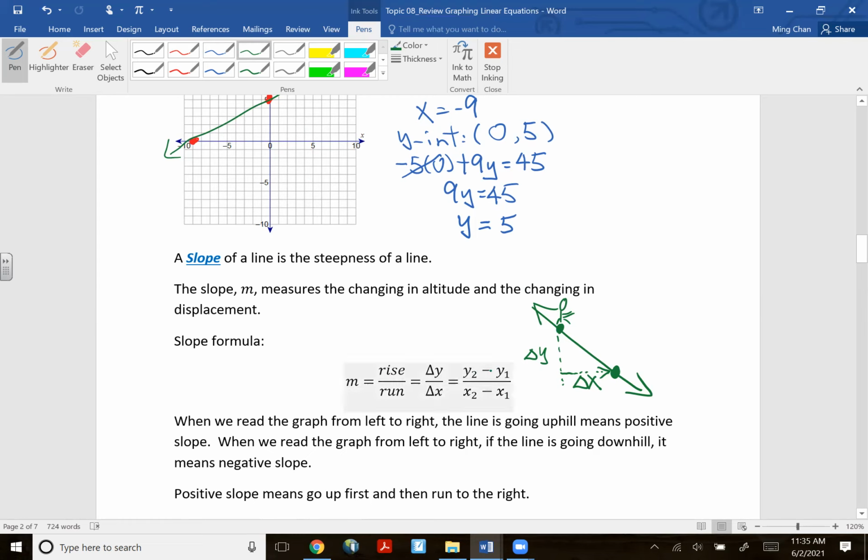So the formula y2 minus y1 simply means I'm going to subtract the two y values of the 2 points, so I can see the difference in the altitude, over x2 minus x1. You subtract the two x values, the horizontal distance, to see how far forward you are going.